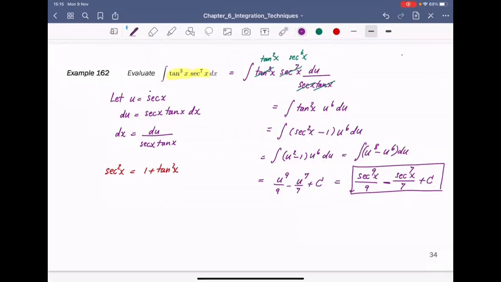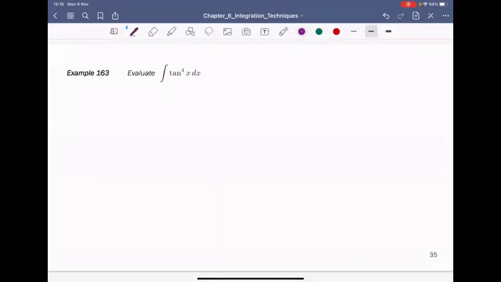All right, let's climb to the next one because we're just going to increase the difficulty. Integrate tan to the 4th power x dx. So what should we do? First of all, I'm going to try picking u equal to tangent and see how it works.